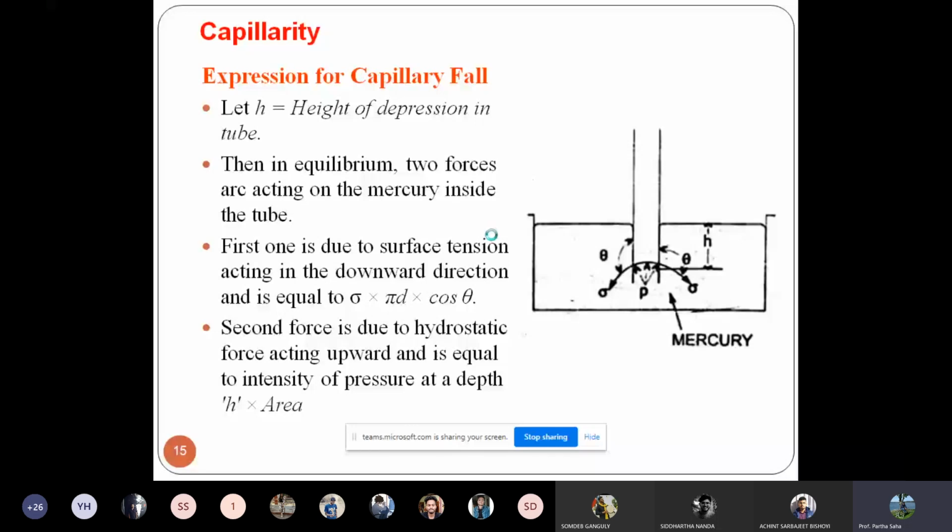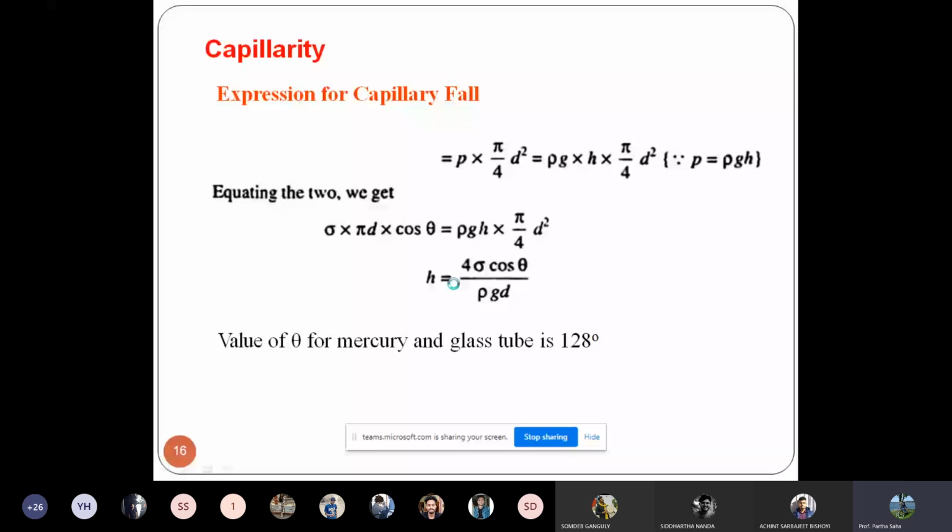These two forces are going to balance each other. The first is the surface tension force, sigma pi d cos theta, and the second one is the hydrostatic force, that is the weight of the liquid, area times h, so pi d squared by 4 into h rho g. Balancing them, the expression will be the same: h equals 4 sigma cos theta over rho g d.